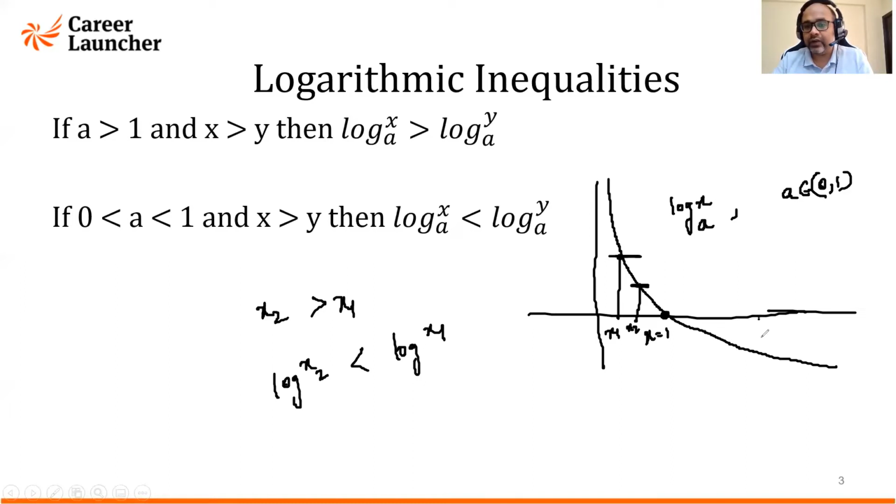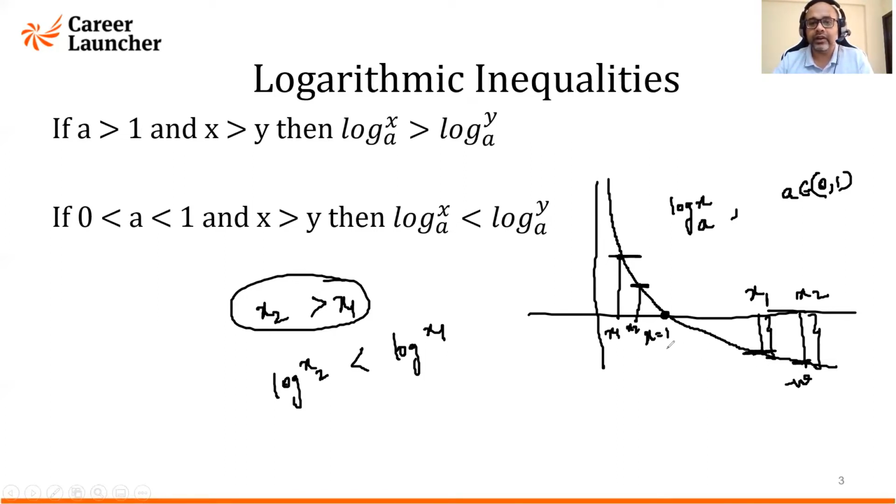Even on this side, if this is my x1 and this is my x2, with x2 greater than x1, log of x2 is negative. Larger negative means smaller in value, and smaller negative means higher in value.